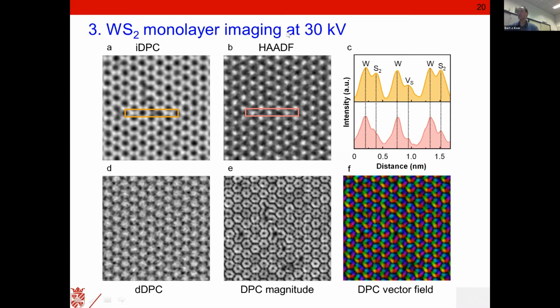Particularly, up to now, no one has shown a transition metal dichalcogenide at, say, 30 kV, in combination with the other techniques, like integrated differential phase contrast, phase contrast based on DPC, the magnitude of the electrical field, and the vector field of the electrical field.